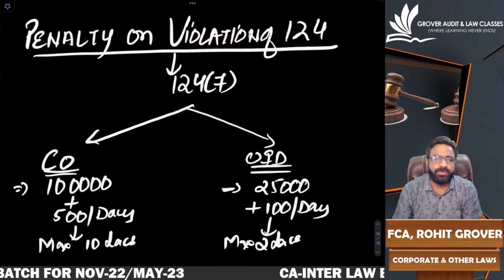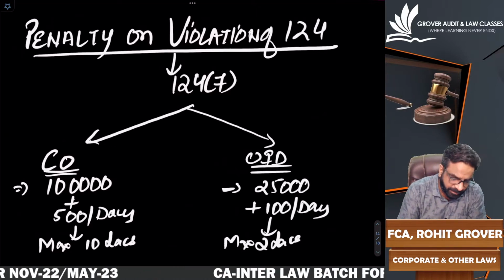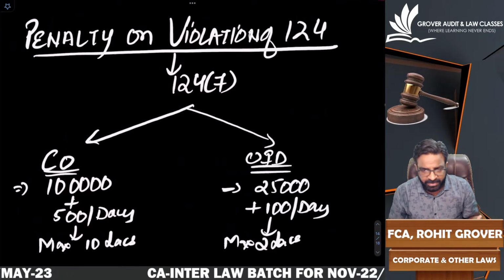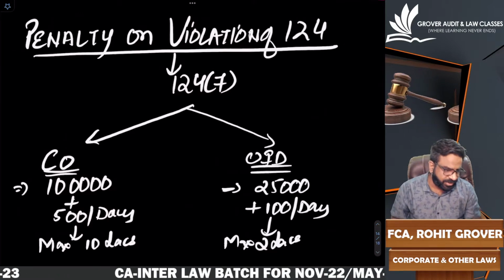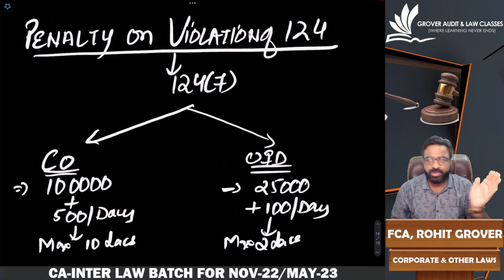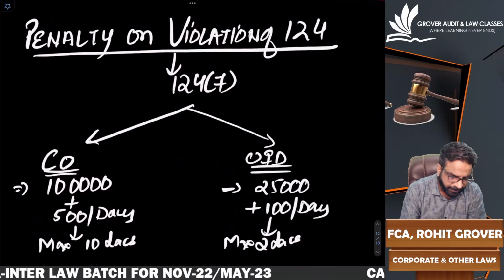What is 124? Unpaid and unclaimed dividend account. What is the penalty on the company if there is a violation? Any violation means, suppose you did not transfer within 7 days, you did not prepare the list, you did not close it after 7 years, you did not transfer the funds to the IEPF. So, what is the penalty on the company?